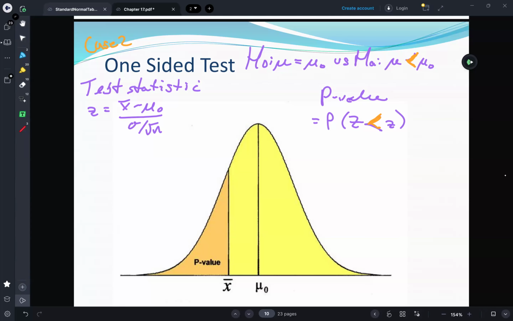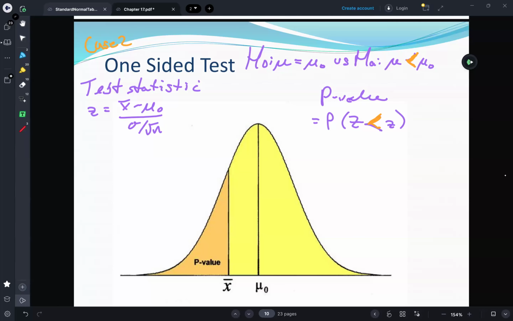It's a z-score from the table. We've standardized it. It's called a test statistic because we're running a hypothesis test. So in this context, we call it a test statistic. But just think of it, it's still the same z that we've learned throughout the course. We plug it in, we get the probability, i.e. the area under the curve. And it turns out if it's less than 5%, we often reject the null hypothesis.